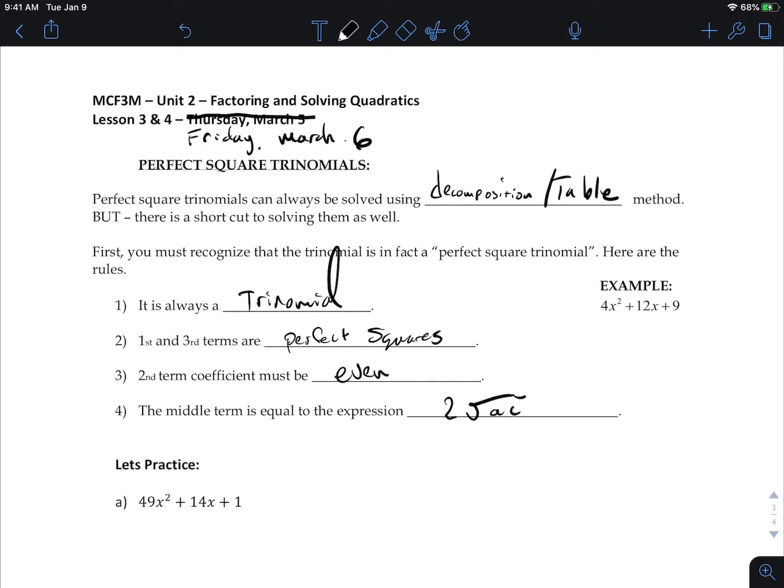I'm going to go down here for a sec. I suppose we could make note, somebody's got a note here, it says if all of these aren't true, then it's not a perfect square.